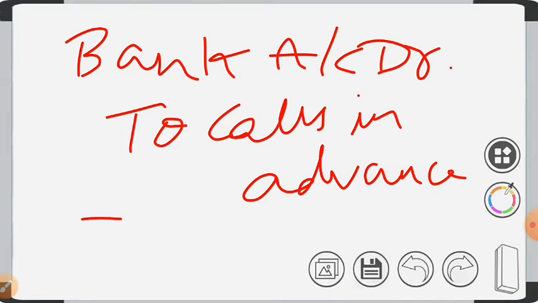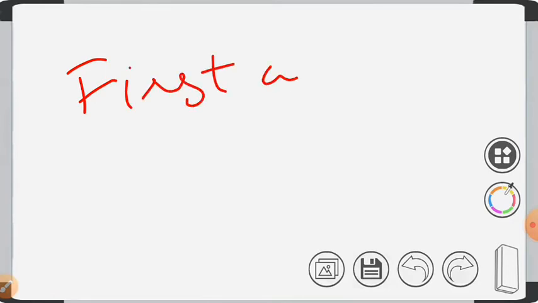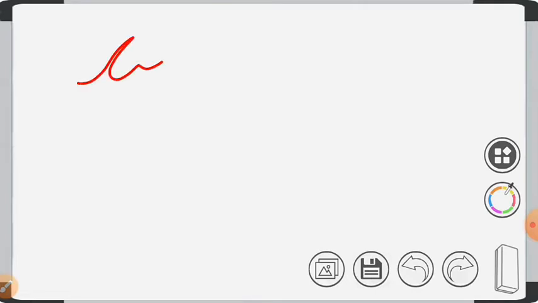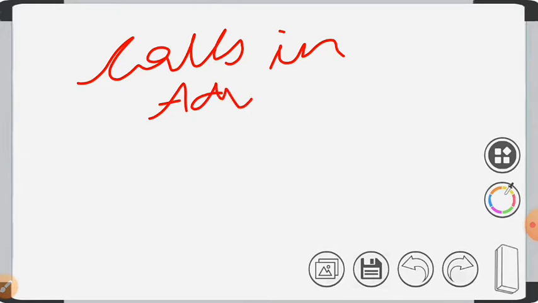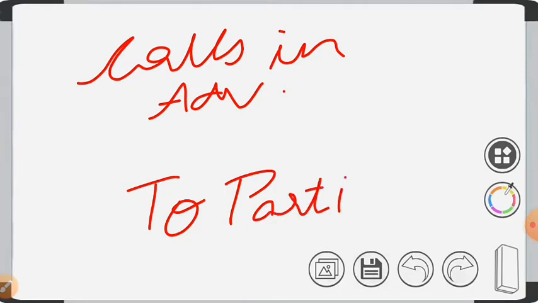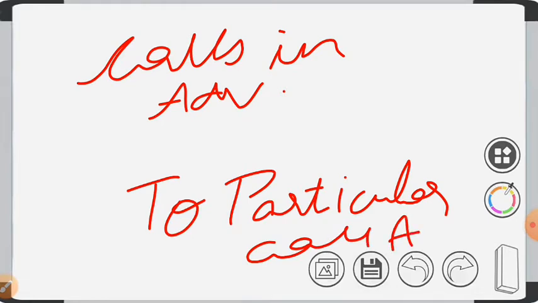So the present entry would be this: when such installment is declared by the company, for example when a company declares first call money, then the calls in advance would be debited and the particular call would be credited.